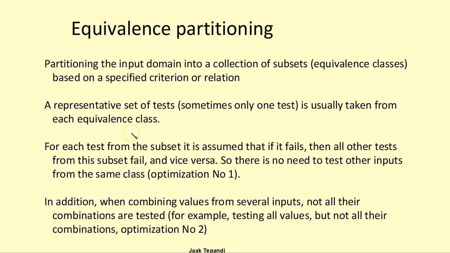Equivalence partitioning involves partitioning the input domain into a collection of subsets which behave similarly from the testing point of view. This similar behavior means that if one test from this subset fails, then all other tests also fail, and vice versa.